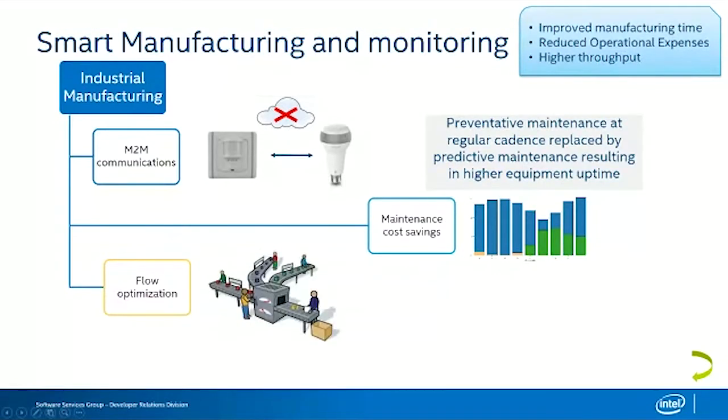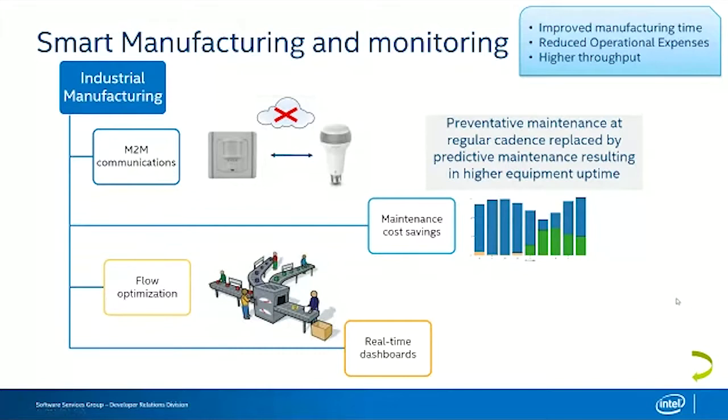There's also the question around flow optimization, right? How do you basically get the right routing for the manufacturing process so you can take advantage of a machine that needs to undergo maintenance versus not using a machine that doesn't.